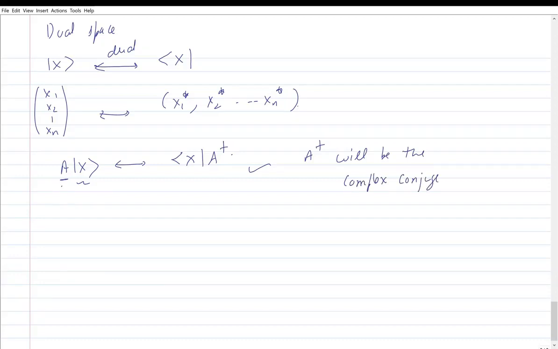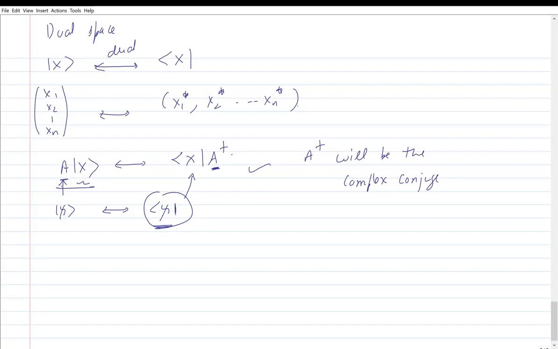So essentially the idea is that you hit this vector by this, you get psi. Now the dual of psi would be the bra psi, and then you can ask what operator is going to give me bra psi, and the answer would be this guy over here.